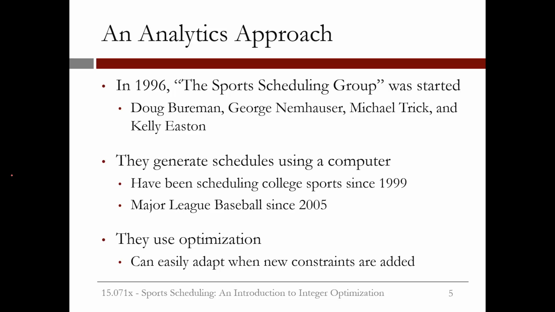They've been scheduling college sports since 1999 and Major League Baseball since 2005. They rely on optimization to build the schedules, which can easily adapt when new constraints are added. In this lecture, we'll introduce one of the techniques they use called integer optimization to construct a sports schedule.